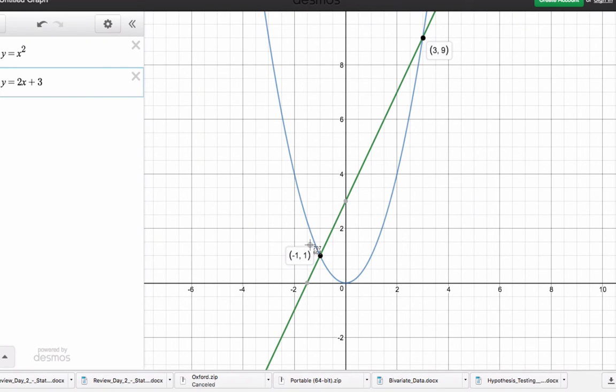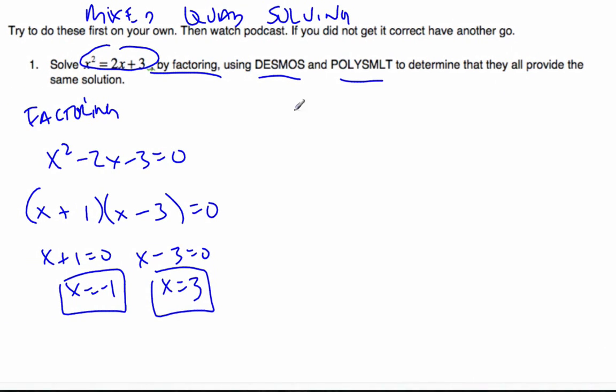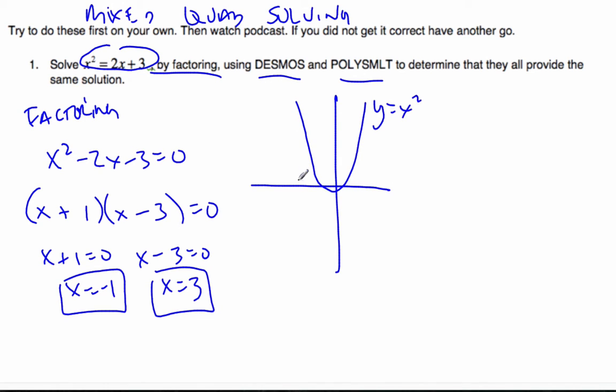And so here is my second solution. And then I make my graph. I label it y is equal to x squared. I make this line, this is y is equal to 2x plus 3. I get x equals minus 1 and x equals 3.